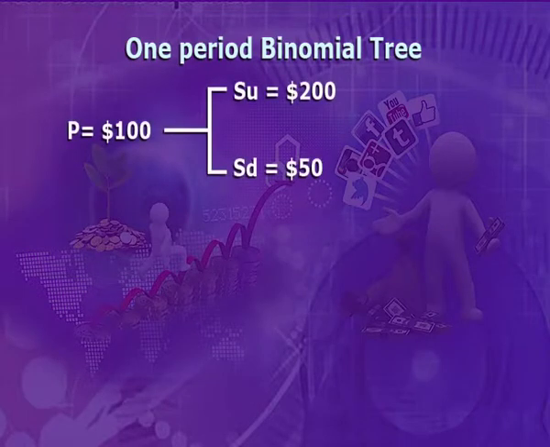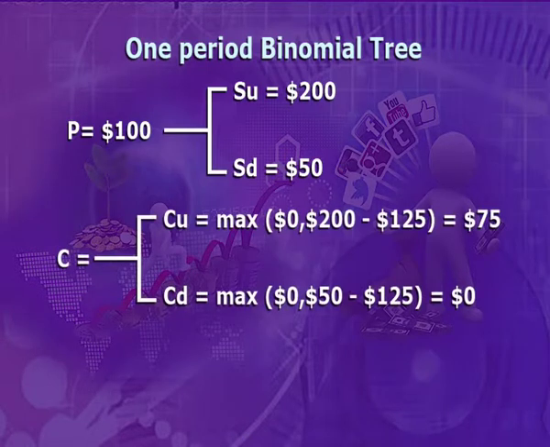Here we can see that P is equal to $100, SU is equal to $200 and SD is equal to $50. Here CU is equal to max($0, $200 minus $125), which is equal to $75.